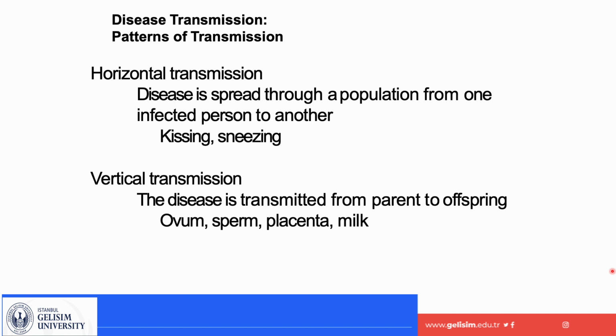This can occur through various means, such as direct contact, ingestion of contaminated food or water, or even through the air. Now, vertical transmission, on the other hand, refers to the transfer of genetic material from one generation to the next. This could occur through reproduction, where the genetic material is passed from one parent to the offspring.